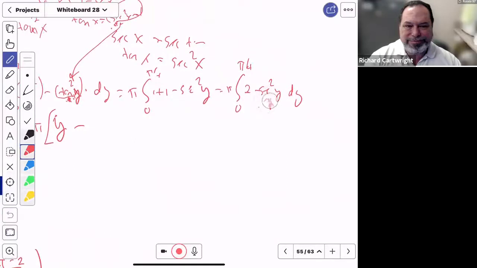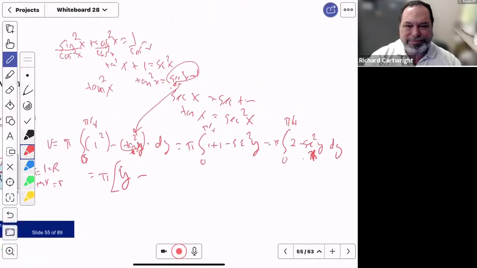So now I know what the derivative of what is secant squared. Tangent.